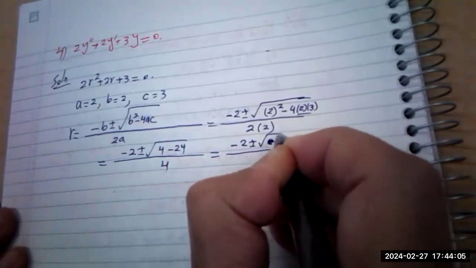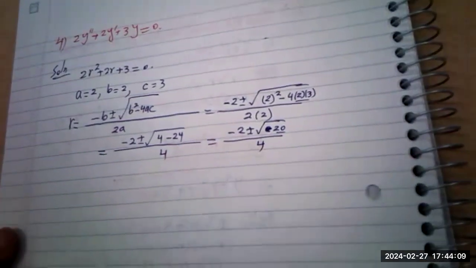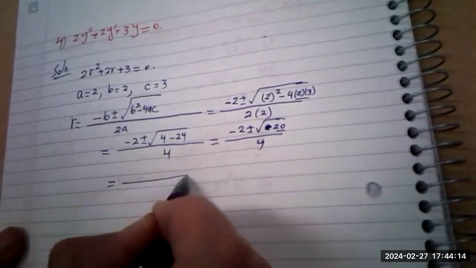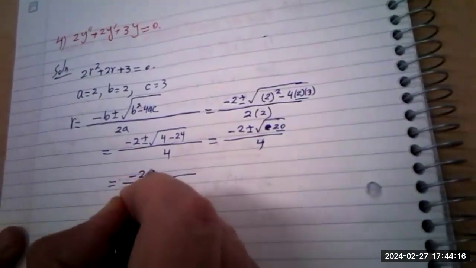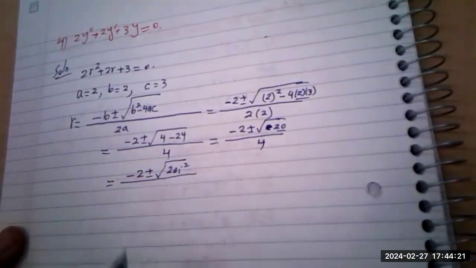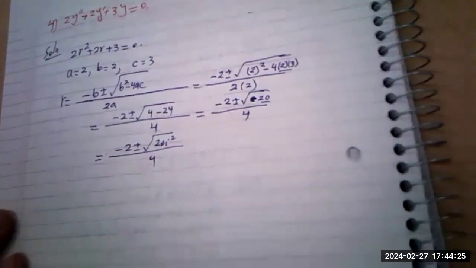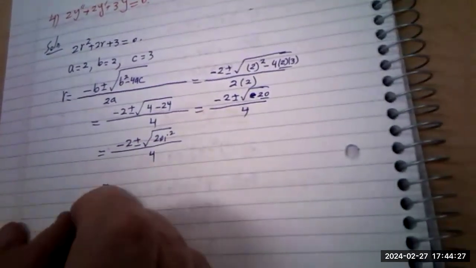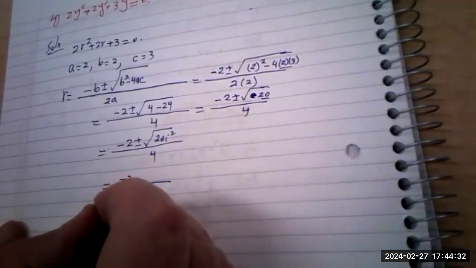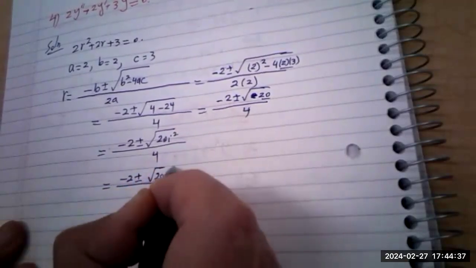Negative 20. This means the solutions are complex. Replace the negative sign by i squared and continue. That gives me negative 2 plus or minus the square root of 20 i squared, over 4. Simplify further. You have to identify alpha and beta for the complex case. So it's negative 2 plus or minus radical 20 times i, with i outside.